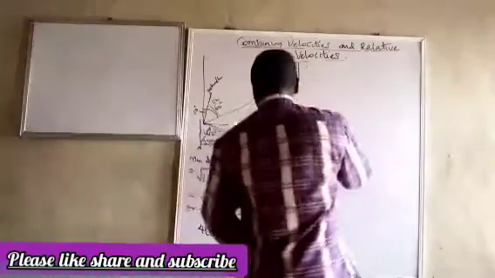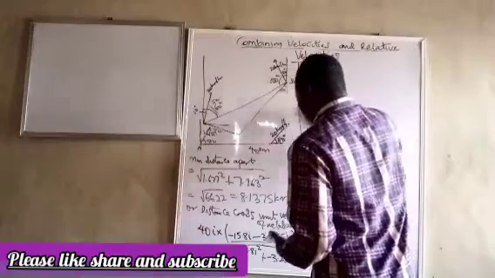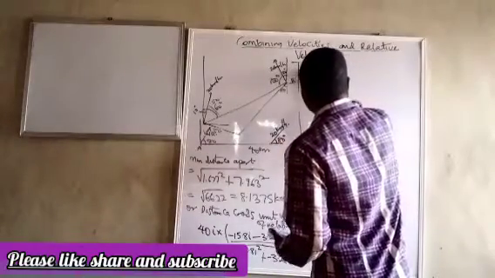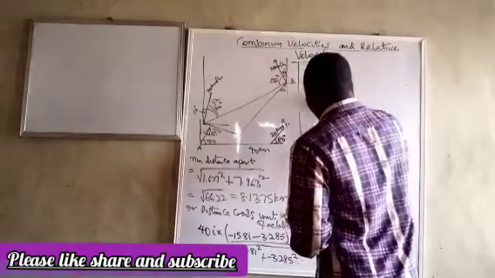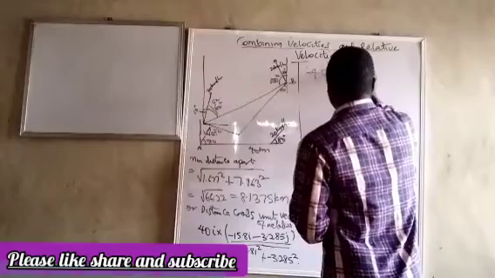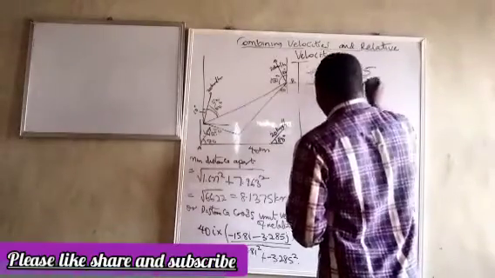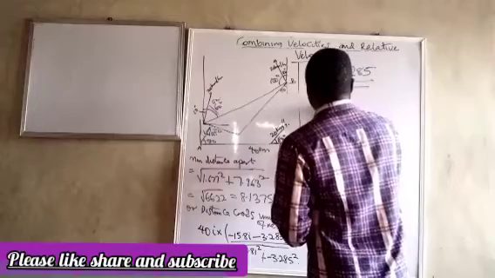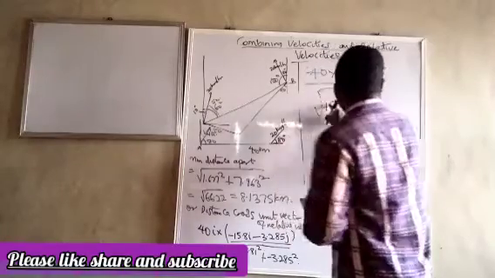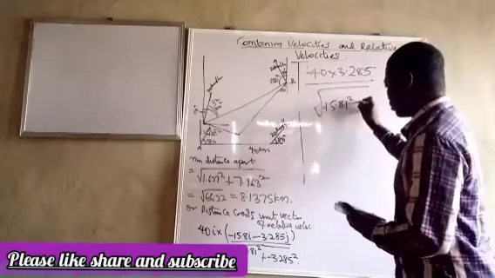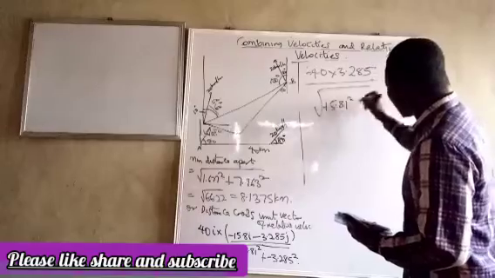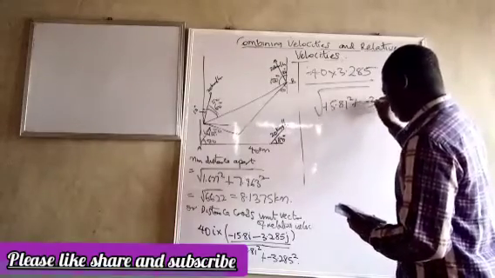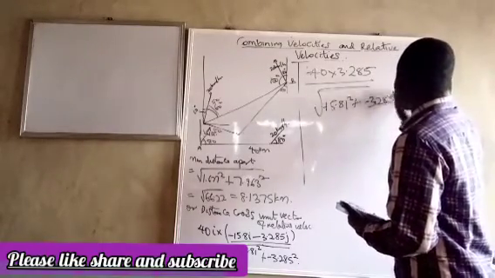So it's going to give me 40 times 3.285 over root of 15.81 squared minus 3.285 squared.